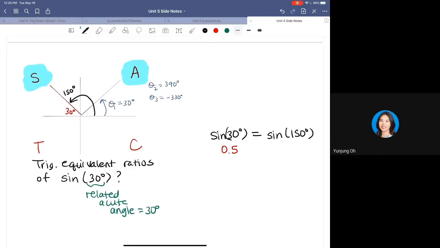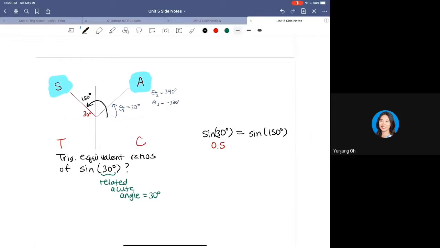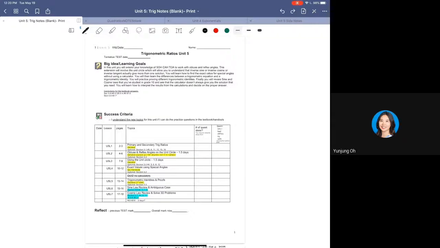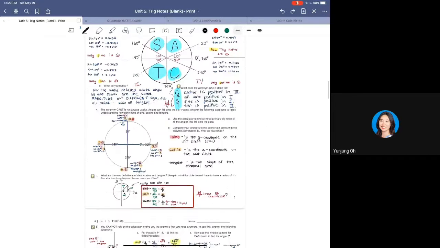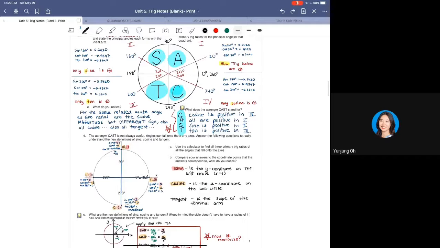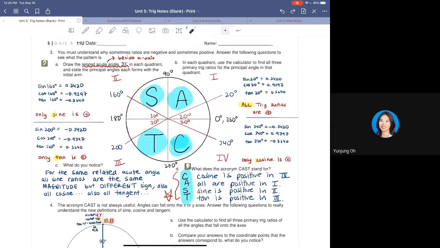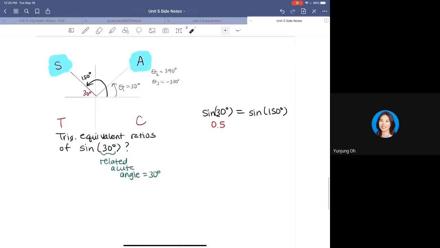And this is all coming from that CAST, this fancy part over here, where as long as you're dealing with the same related acute angle, you're getting the same value every time. It's just a matter of the sign that you're looking at. Do you get how I got sine 150 degrees?